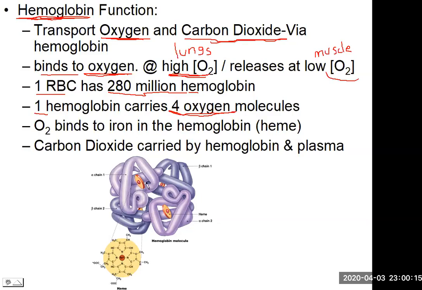Within a single heme group, if we take a closer look here, you can see the center of that heme group involves iron, and that's ultimately the direct interaction between oxygen and iron, making that binding into the hemoglobin.